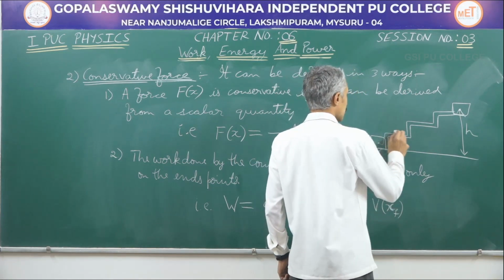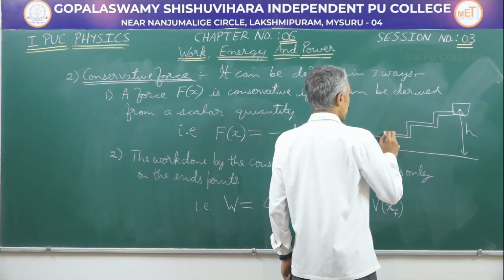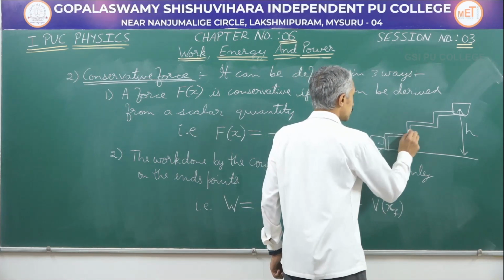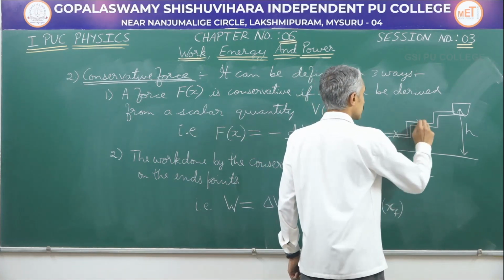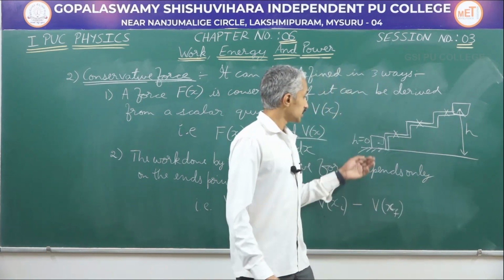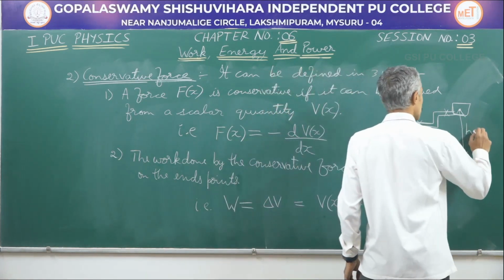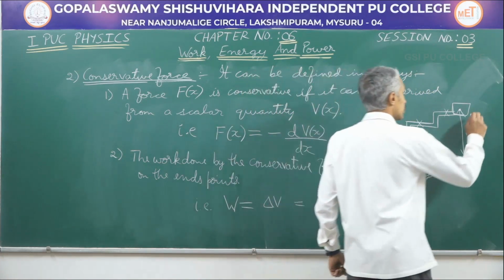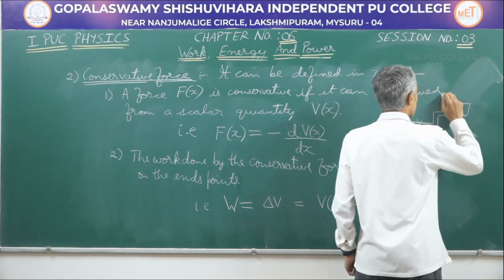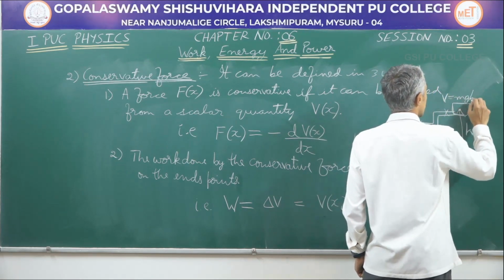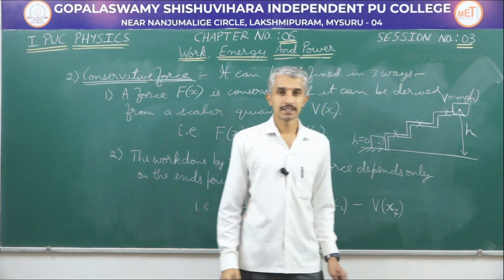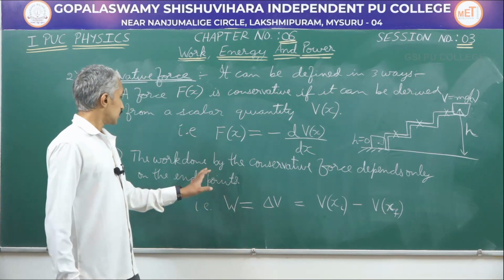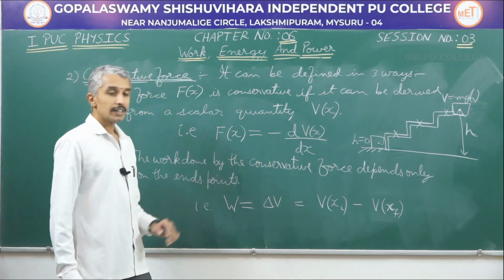You may have travelled a lot of distance considering the horizontal and the vertical paths travelled, but these horizontal paths travelled does not contribute in changing its potential energy. What contributes is only the vertical height h. So the potential energy is dependent only upon the height h. Here the potential energy is given by mgh, and it is dependent only upon the height h. So that is what this thing tells. The work done by conservative force depends only on the end points.